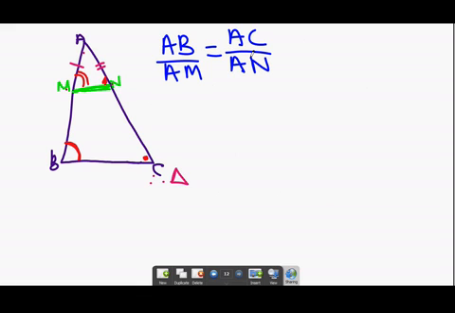Do you see that? And the reason is MN is parallel to BC in triangle ABC.